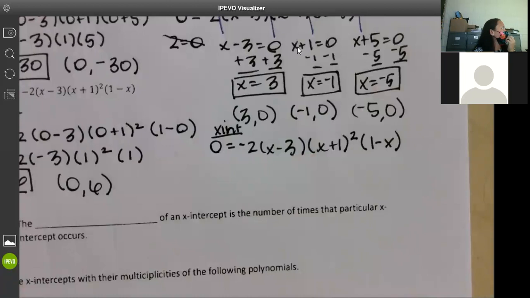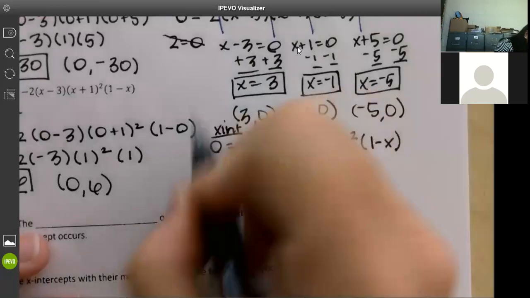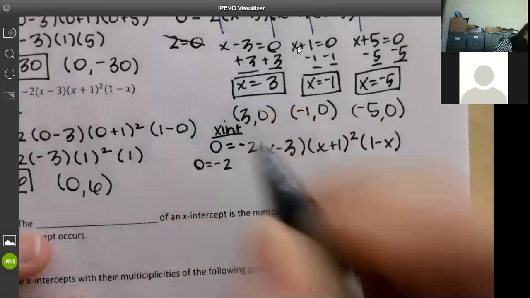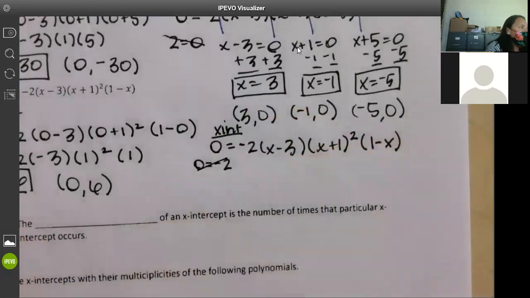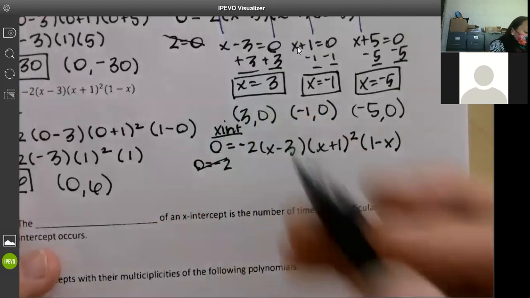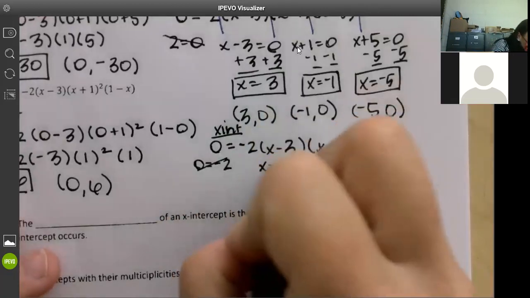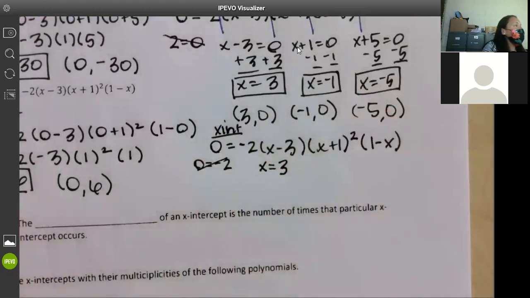What does it mean to square? You multiply it by itself, so it's the same factor. So when you see this, that just means there's 2 factors of x plus 1. All right, so again, when we set these equal to 0, this x equals negative 2, it doesn't matter. This x minus 3 will give you positive 3. Is everybody okay with that?